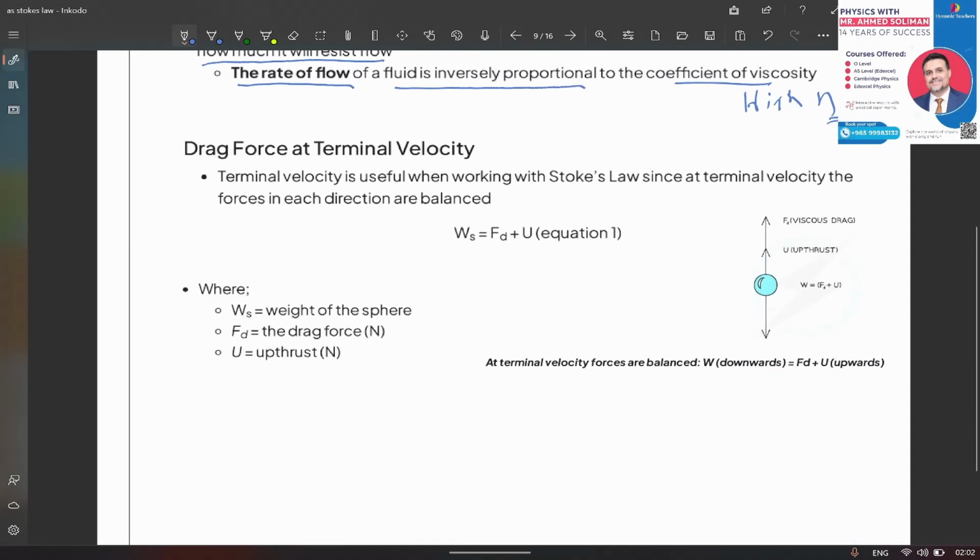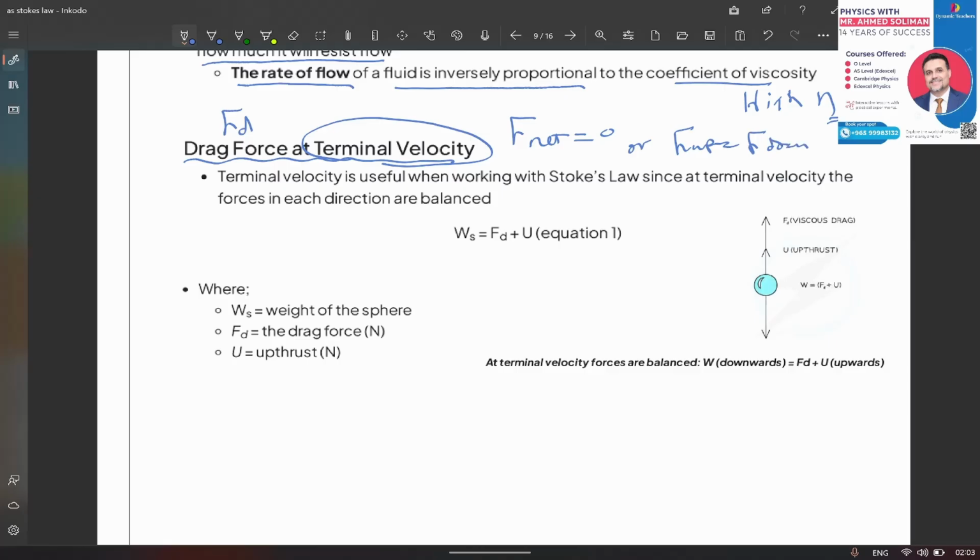Now, drag force at terminal velocity. What does it mean? We will talk about Fd when the object is falling or moving up with a terminal velocity. We said before, terminal velocity means the resultant force equals 0, or force up equals force down.